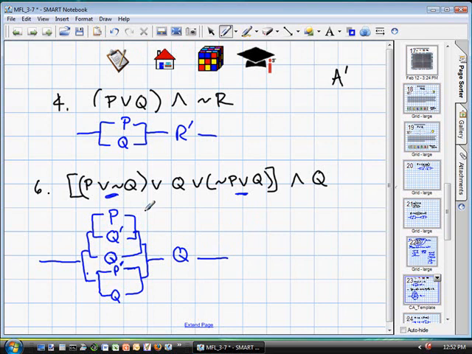We'll just go over it again. I had a stack for this, P, not Q, and here I had a little stack, not P, Q. And then these told me that all three of these things have to be stacked again. So I had to take this little stack, and stack it with Q, and with this little stack.